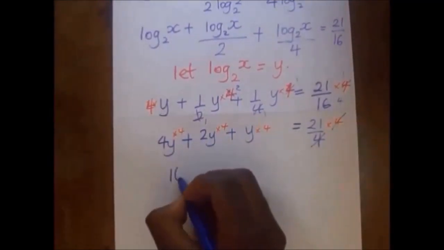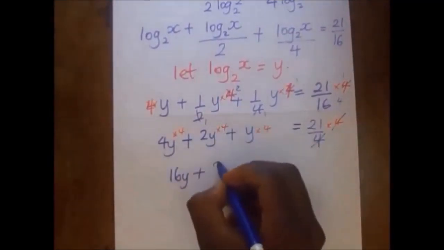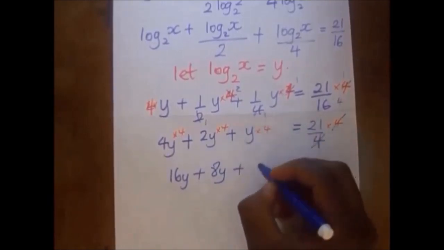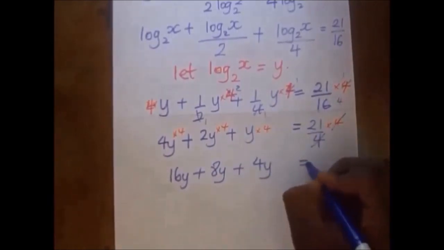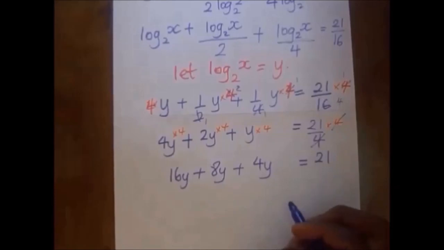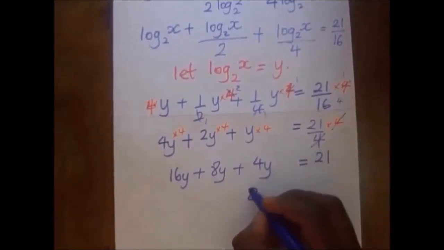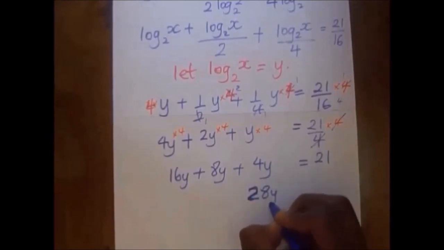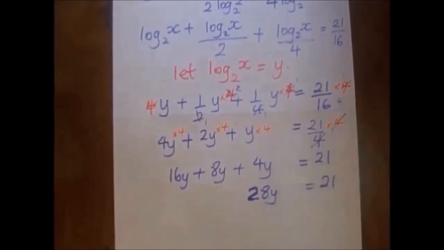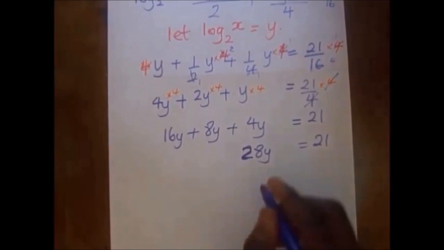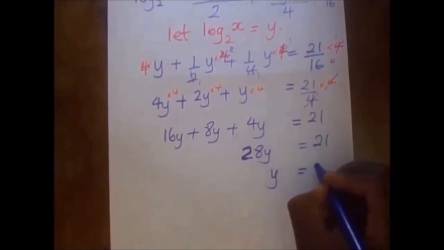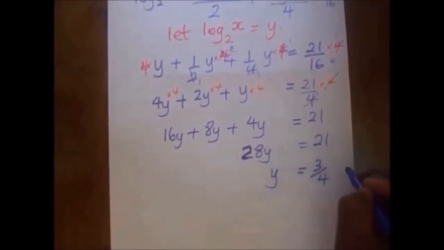Here we shall remain with 16y plus 2 times 4 is 8y plus 4 times y is 4y, is giving us 21. So adding all that up, we end up with 28y giving us 21. When you divide both sides by 28, we shall end up with our value of y as 3 over 4.